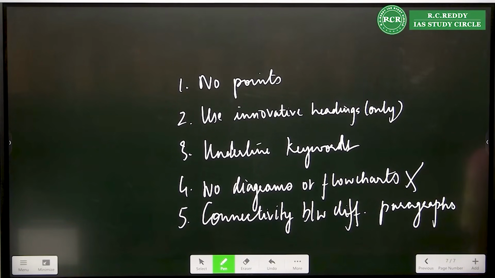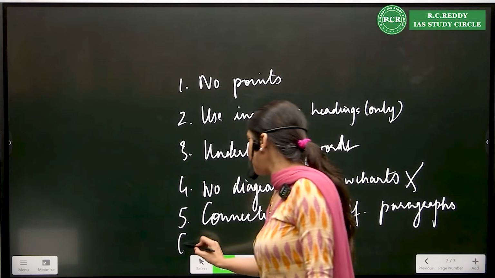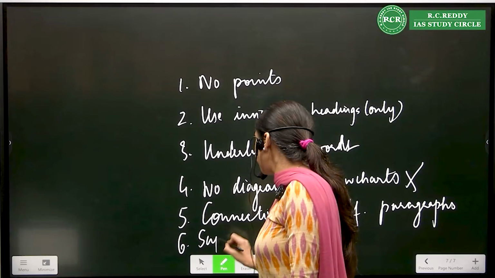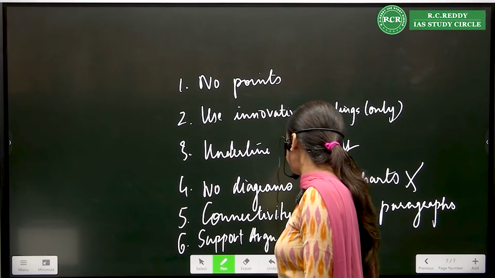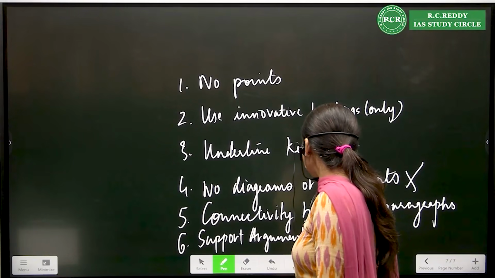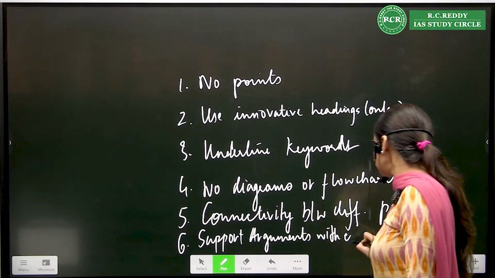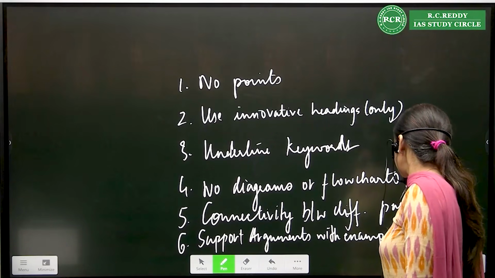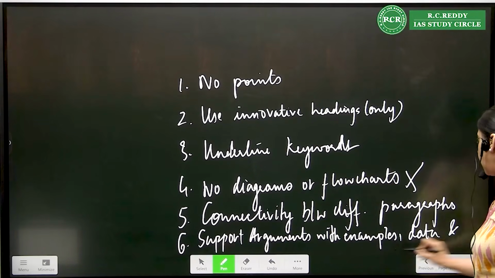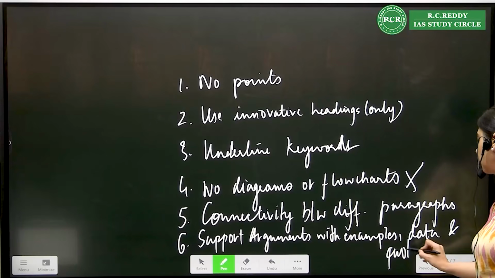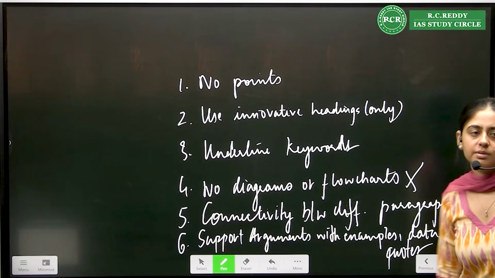Transition words I have given you. Apart from that, add more transition words. Then support arguments with examples, data, and quotes also. In between your essay also you can use quotes.